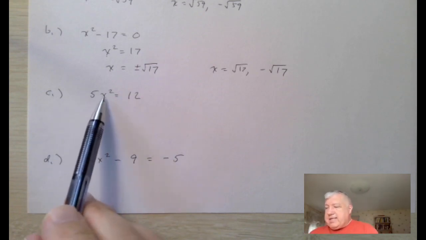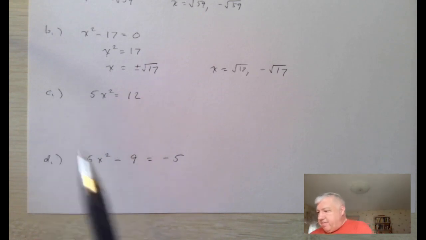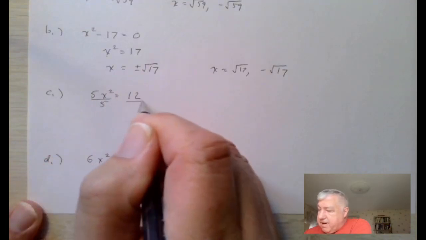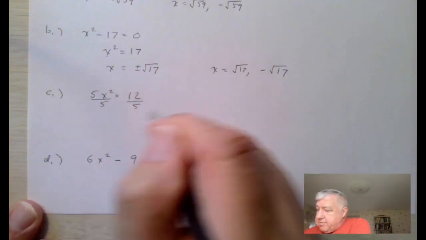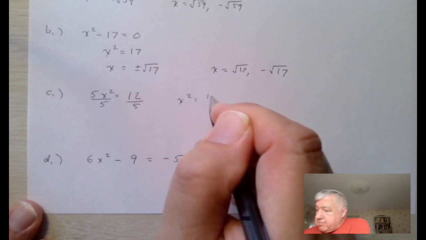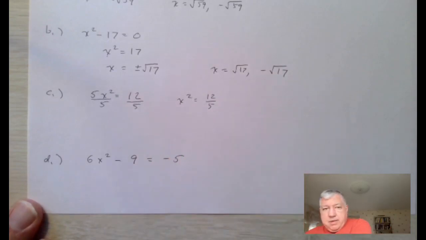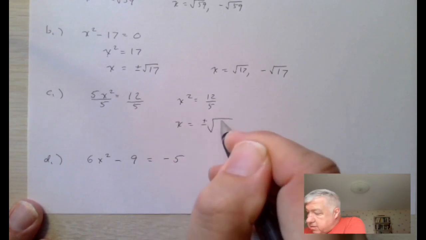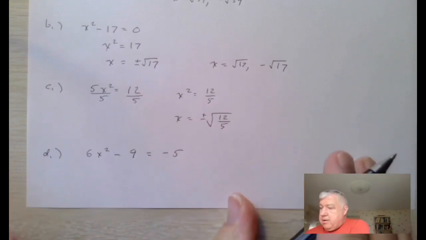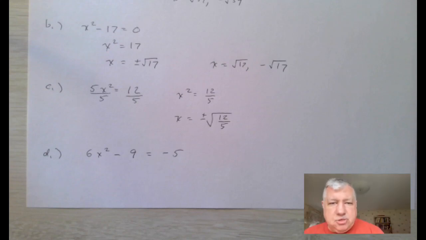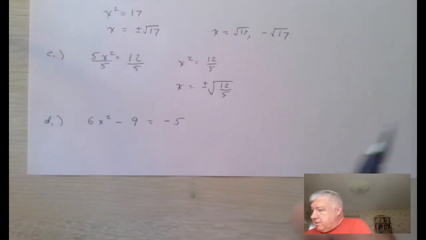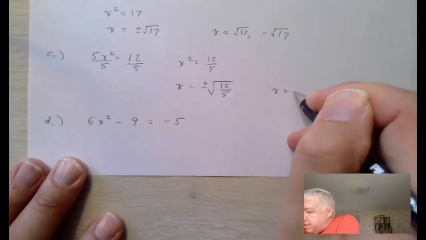We'd really like to isolate this x squared and then take the square root, so we can get rid of this 5 by dividing both sides by 5. And we get x squared equals 12/5, and then take the square root of both sides. We won't worry about rationalizing the denominator right now. So it'll just be that. So the two solutions would be this.